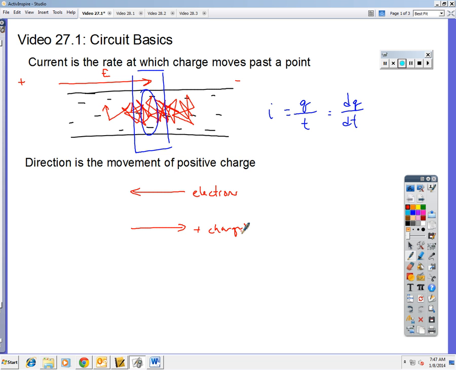So in this case, we would say that the current points to the right because the electrons are drifting to the left. And for everything you're going to see in circuits, positive charges moving to the right is entirely equivalent to negative charges moving to the left.